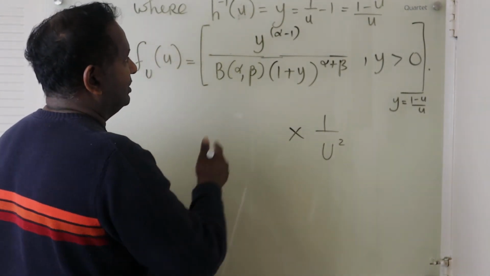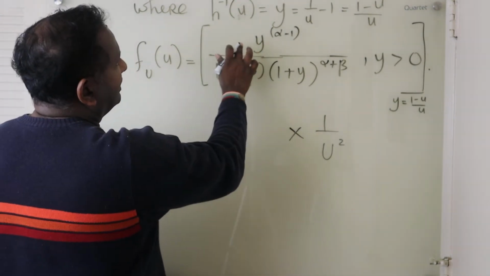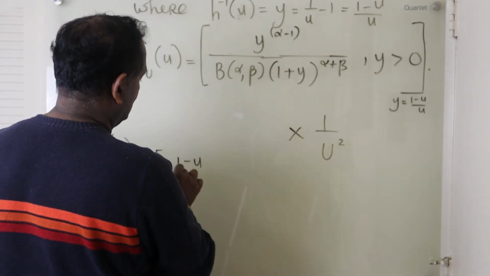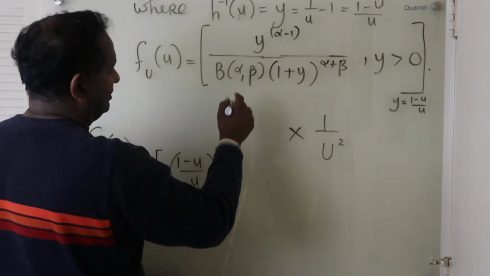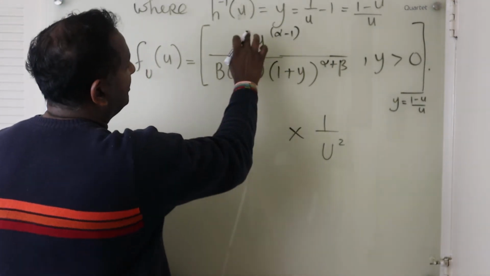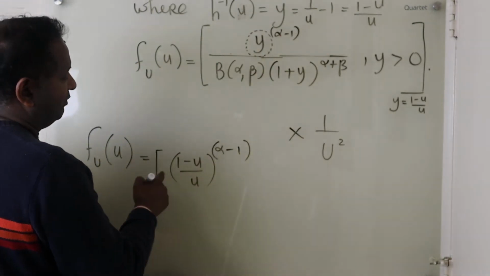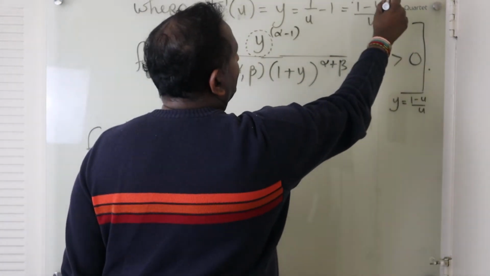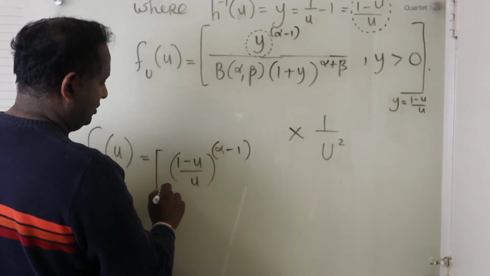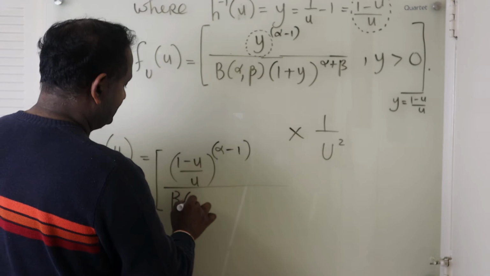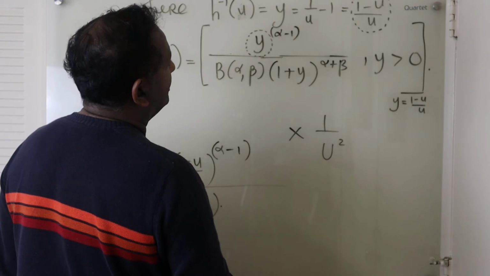So let's do this first. y is 1 minus u over u, to the power alpha minus 1. I'm replacing y by 1 minus u over u, and the parameters stay the same, as these are constants. Then 1 plus y.